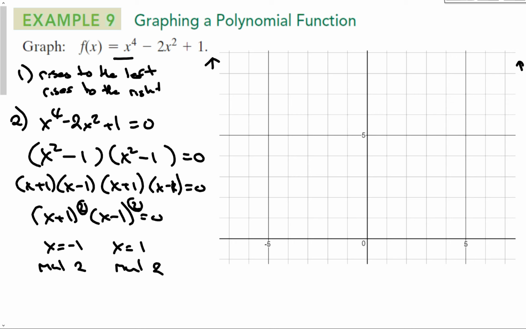Which means that at both positive 1 and negative 1, the graph is going to touch the x-axis and go the other way.